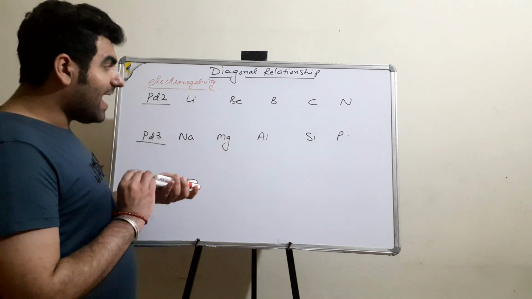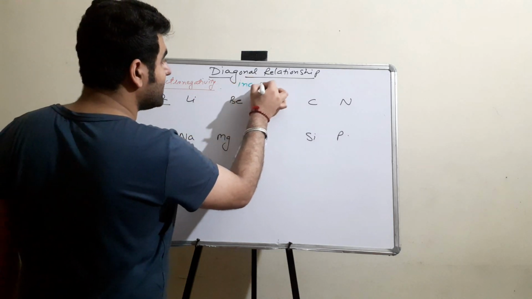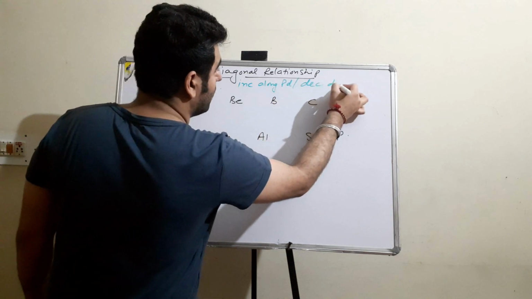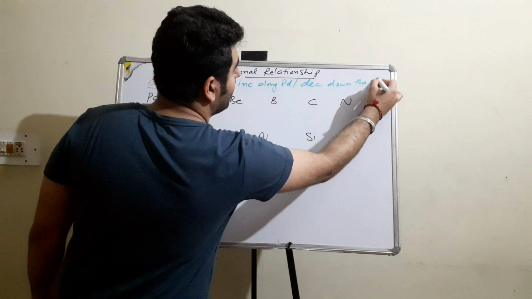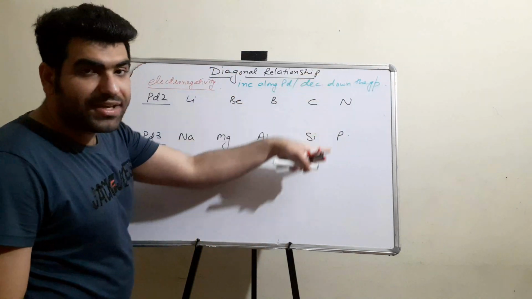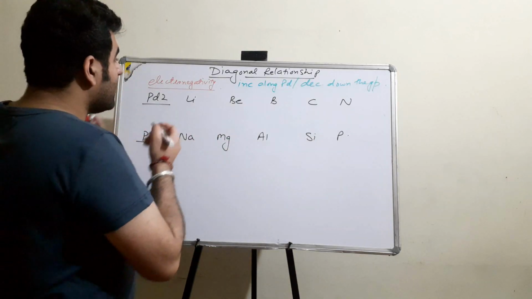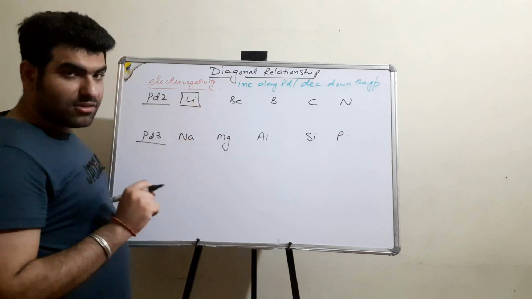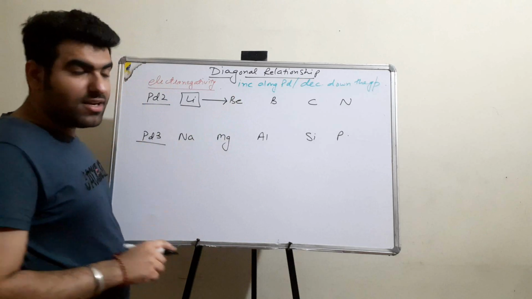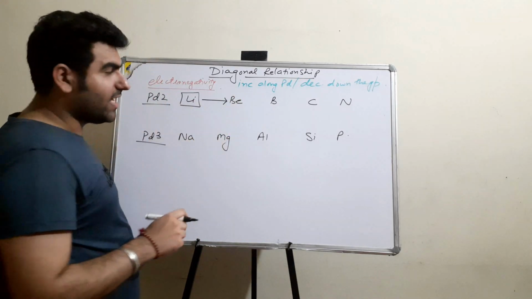So we know that electronegativity increases along the period and decreases down the group. This is the thing that we have already discussed. So if we take this into consideration, if lithium is having some electronegativity, since it increases along the period, beryllium is having somewhat higher electronegativity than lithium.